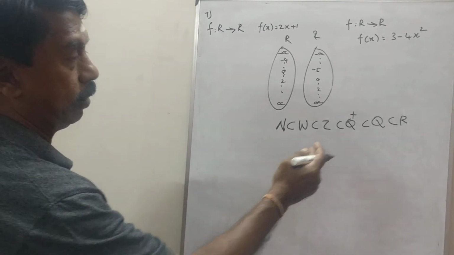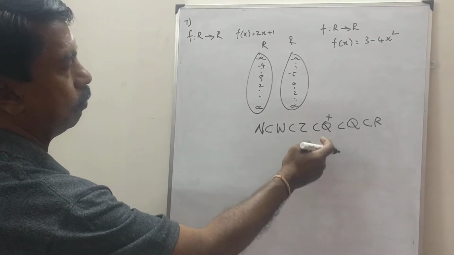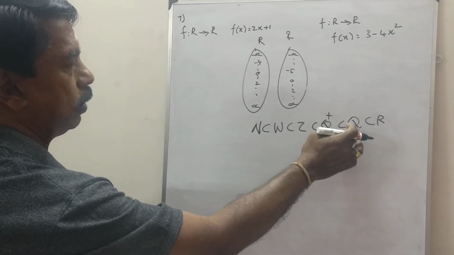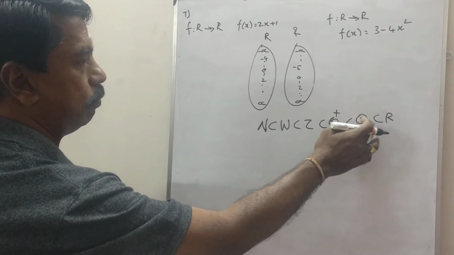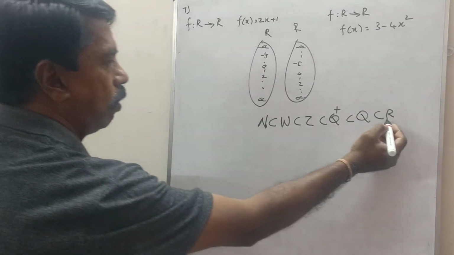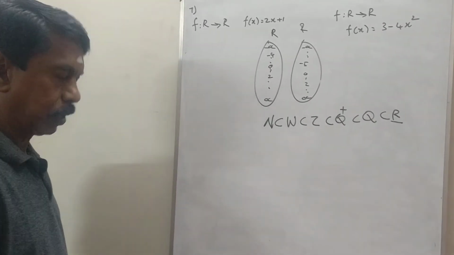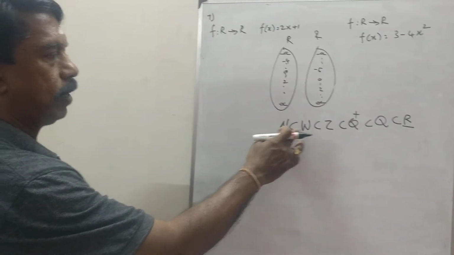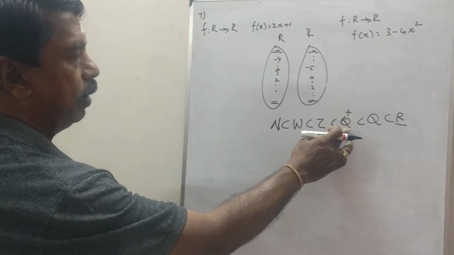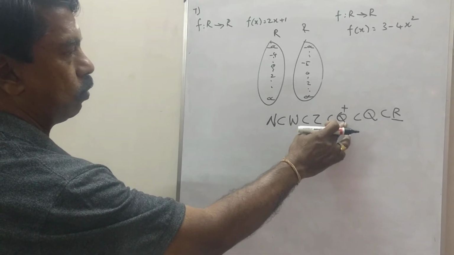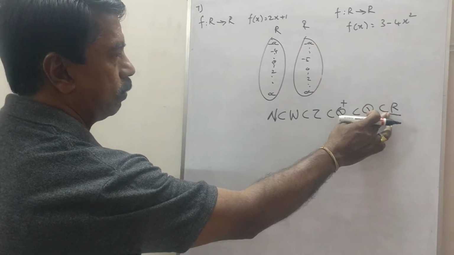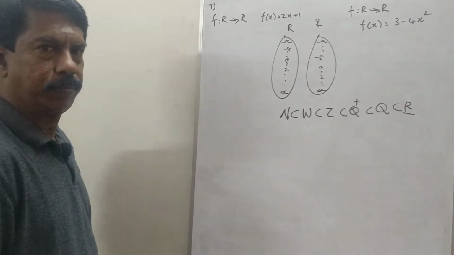So Q plus, Q is a set of all rational numbers. Here it is positive and here it is all rational numbers, and this is the set of all real numbers, which is called the superset. N natural numbers contained in W, contained in Z, set of all integers, contained in set of all positive rationals, contained in total rationals, which is contained in real numbers.